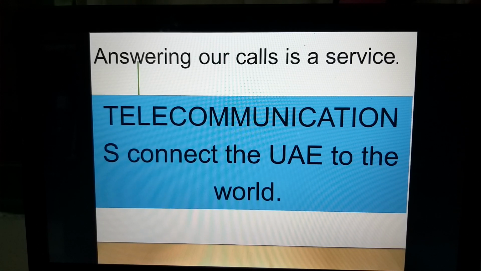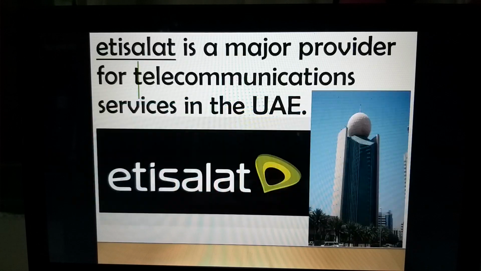Understand? Very good. Next, Etisalat is a major provider for telecommunication services in the UAE. So that picture that you see is the Etisalat Tower.